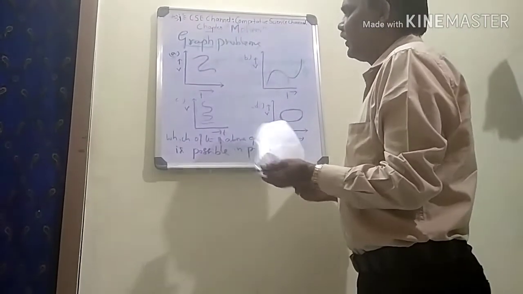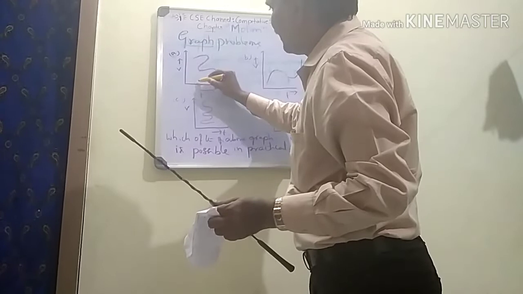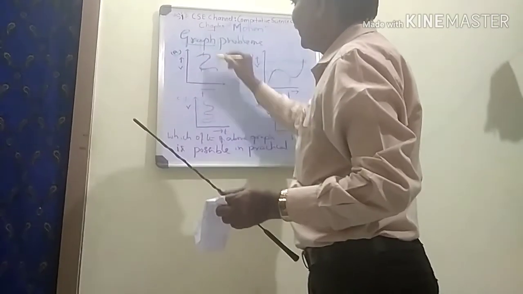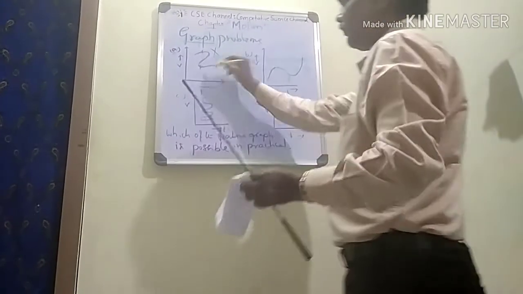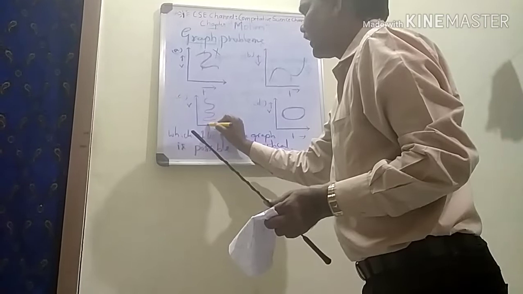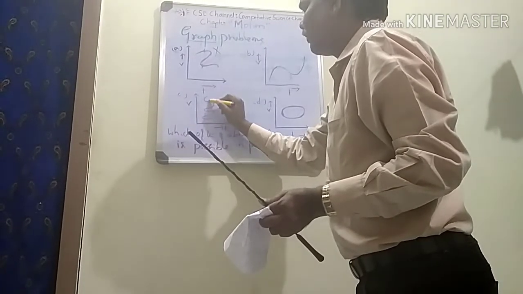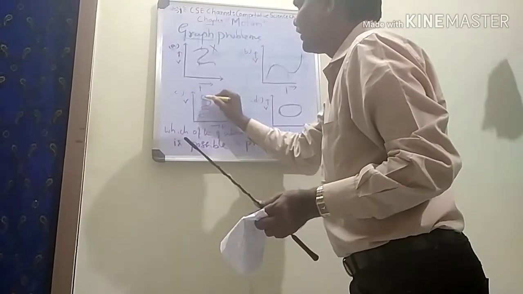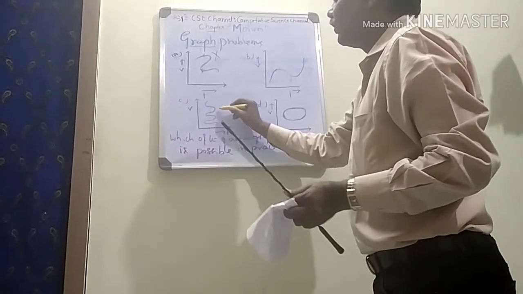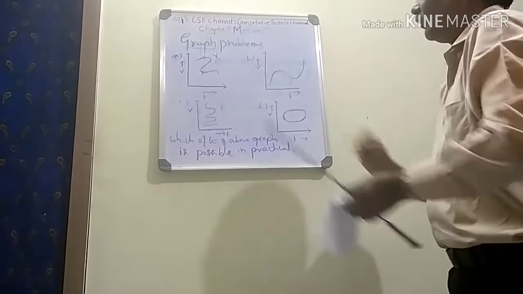Here at one time there are two types of velocity, so this is impossible. And here also, at one particular time, we are seeing many different velocities, so this is also impossible in practice.